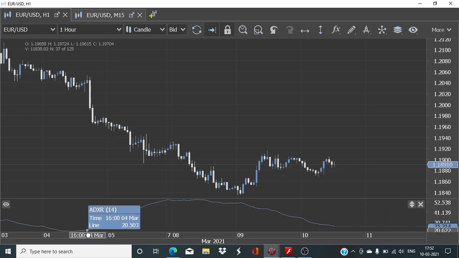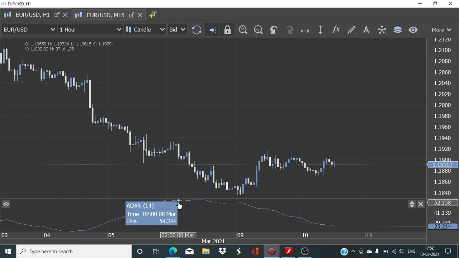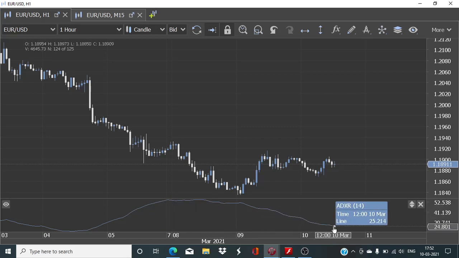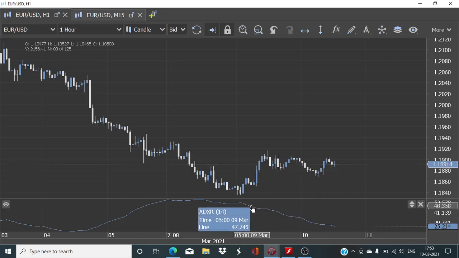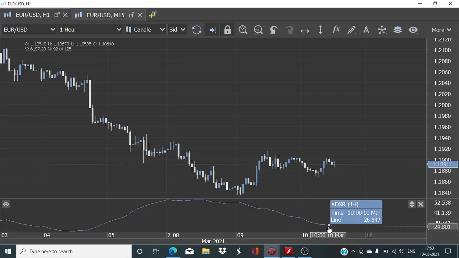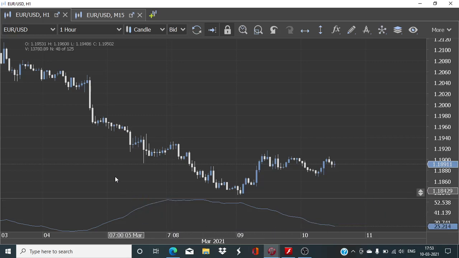And as you can see, after the rising values, the ADXR has now gone in decline, and that is because after this spike in the volatility, the momentum subsided, and for the last two trading sessions, it has been more or less sideways, and as a result of that, we have seen the ADXR indicator losing momentum, and now it has gone into the downward spiral.